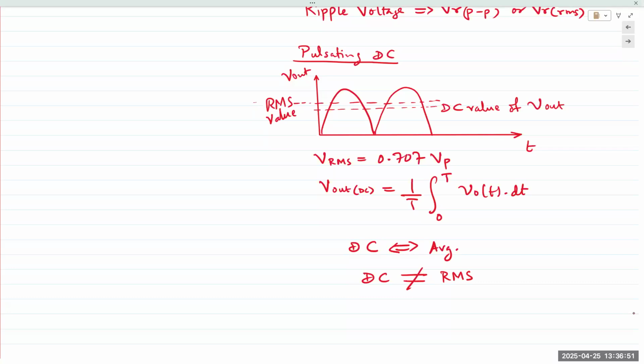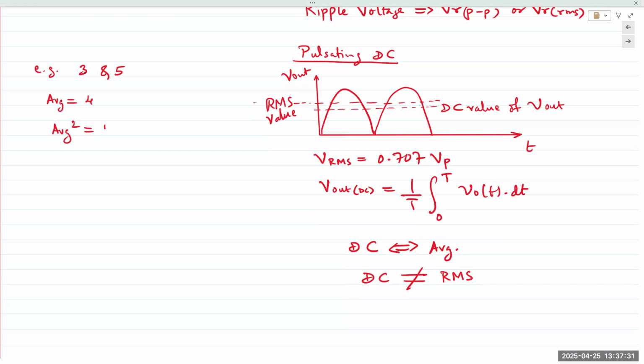And the reason we describe RMS is again because power is the square of the voltage. If you take any two numbers, the average of the squares of those two numbers is not the same as the square of the average of those two numbers. Let's take, for example, 3 and 5. The average of these two numbers is 4.